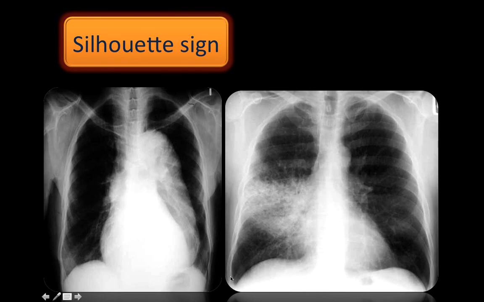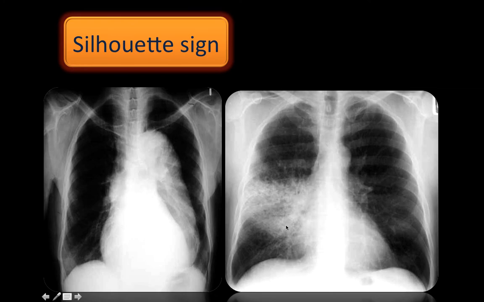So in this case, you have to say Silhouette sign positive. If the lesion obscures, deletes the clear margin of the heart border, it means that specific lung segment is located with the heart. So usually they are the medial segments. This is common sense.